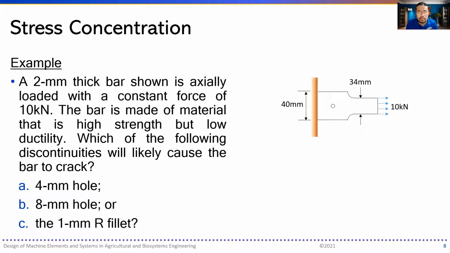This is a problem where a thick bar is loaded at one end and connected to another end that is fixed, and the bar is made of a material that is high strength but low ductility.